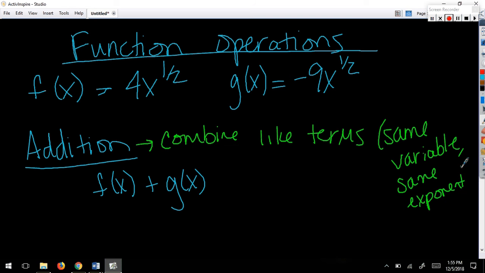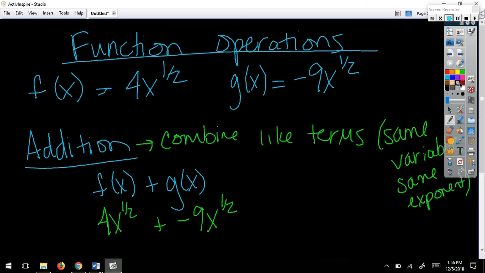So if you look at f of x and g of x, if I replace them, 4x to the 1/2 plus negative 9x to the 1/2, are those like terms? Yes, because the variable's the same and the exponent's the same. So my next question is, how do you combine them? What adds? Exponents, coefficients, what? The coefficients.